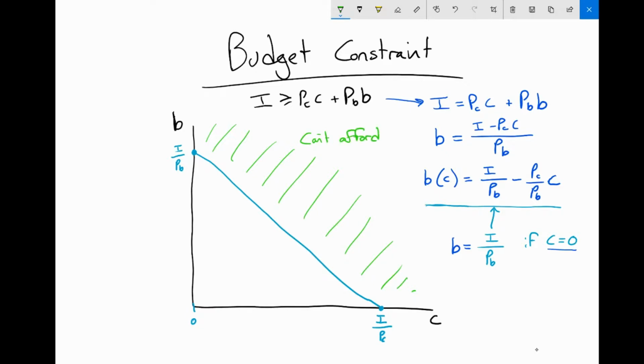This line gives us all the bundles of bagels and coffee in which the agent spends all of their money. They can't afford any combination beyond this line. This is the maximum amount of bagels and coffee they can afford given their income I.